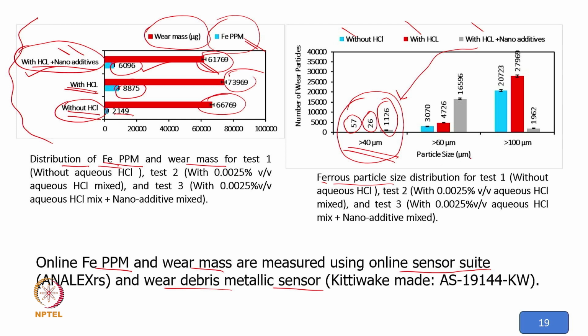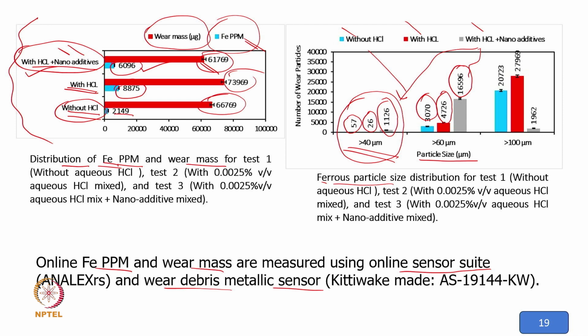Now coming to the second case, particle size ranging from 60 to 100 micron: without HCl we see roughly 3000 particles, with HCl around 4726, and with HCl and nanoparticles a huge number, something like 16,600.